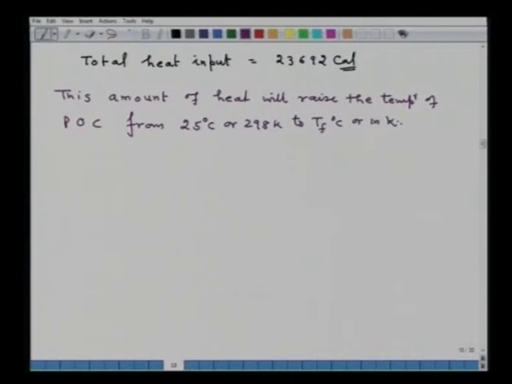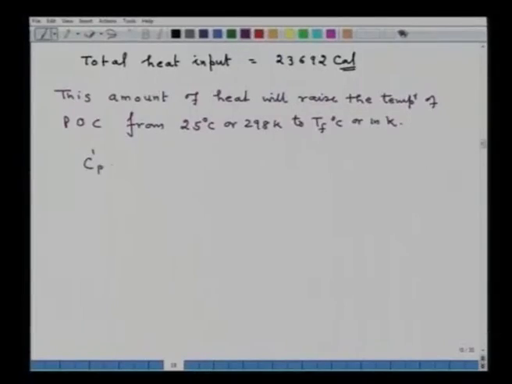So now we have to find out the heat capacity of the mixture of the products of combustion, and as I illustrated in the last case, I am straight away writing C dash P equal to 10.35 plus 1.77 into 10 to the power minus 3 T minus 0.5 into 10 to the power 5 upon T square.